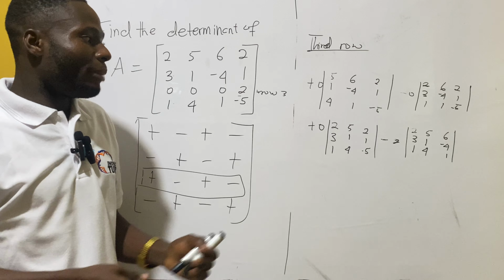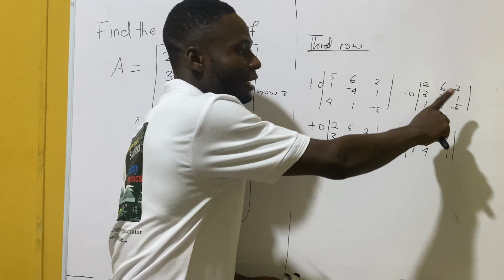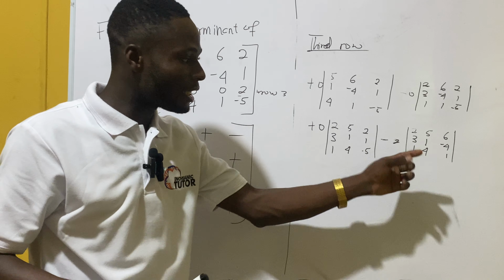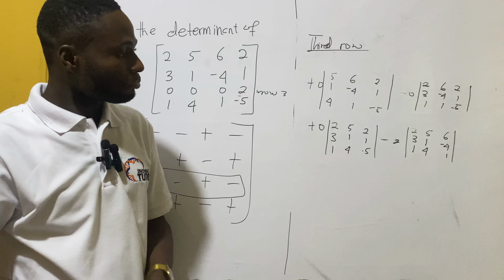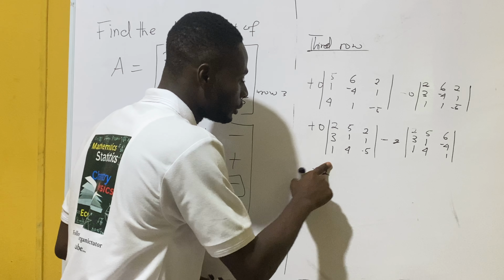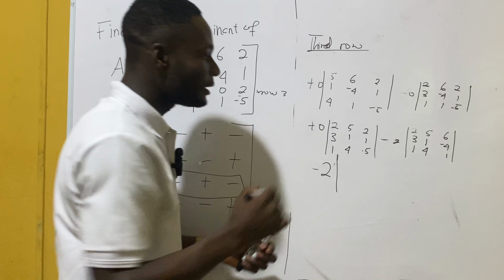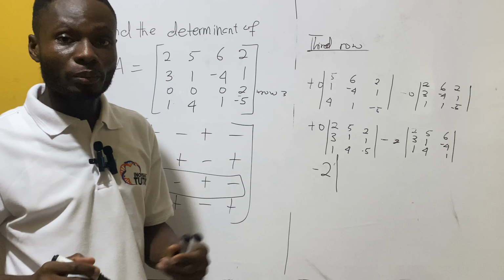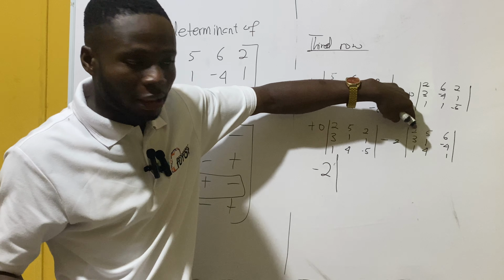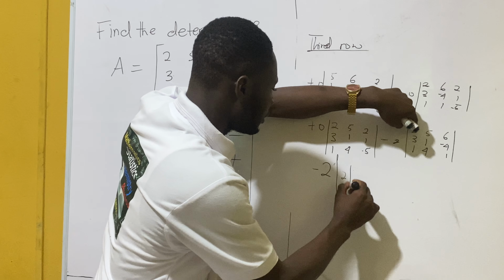But because we have 0 multiplying the others, everything goes to 0. So our main focus is on the last element. We have minus 2, minus 2, then we break that matrix again into 2 by 2 matrices. We are on this row, then we take this.